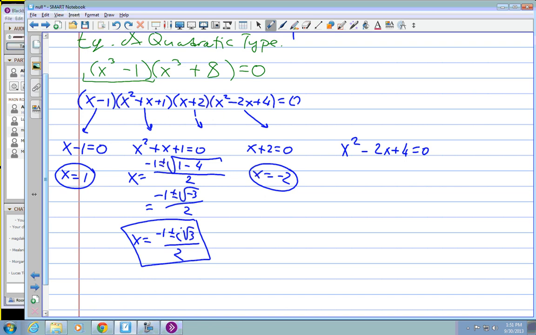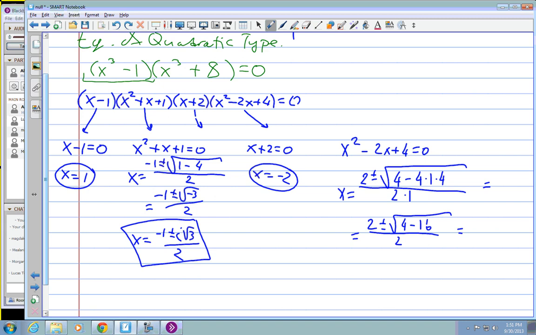And if I do the same thing with the last equation, again using the quadratic formula, negative b makes it positive 2, plus or minus the square root. B squared is 4, minus 4ac, so it's 4 times 1 times 4, over 2 times 1. Just quadratic formula, right? So 2 plus or minus the square root of 4 minus 16 over 2.